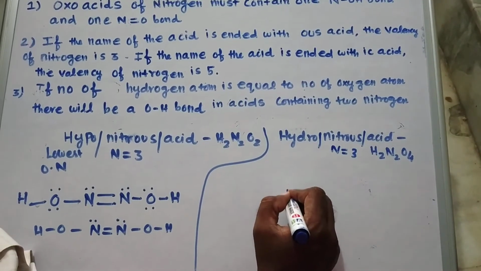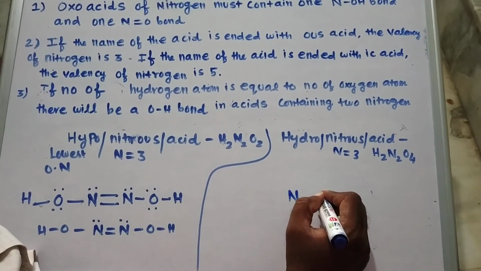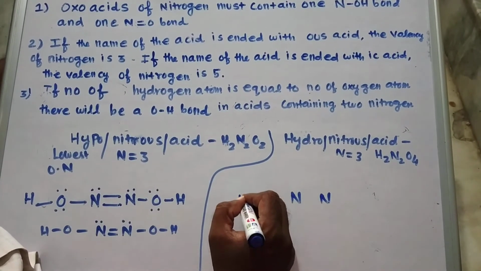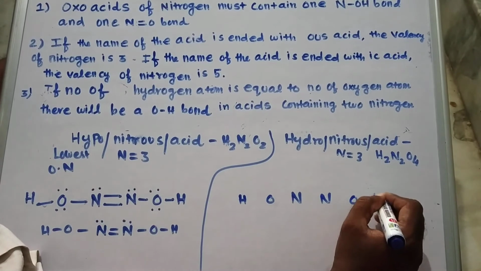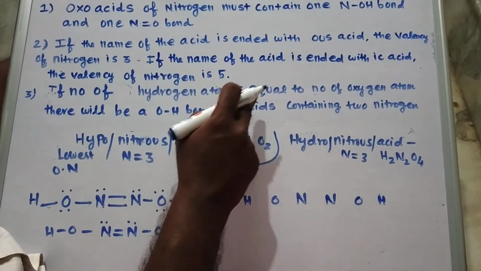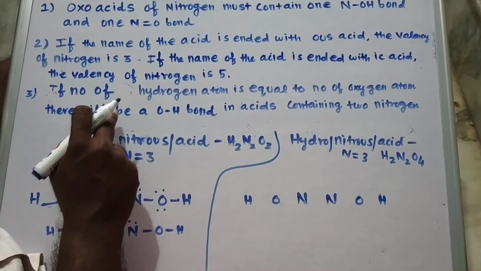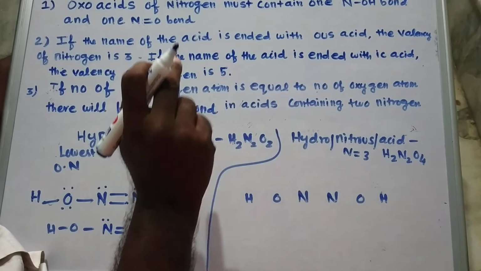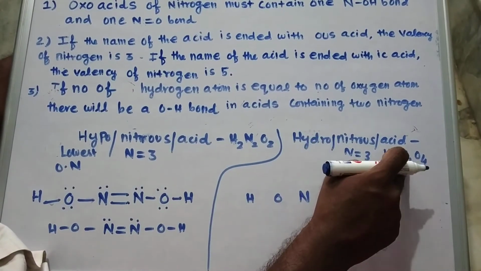Then nitrogen, and similarly another nitrogen, each must have one OH. But if the number of hydrogen atoms equals the number of oxygen atoms, there will be another OH bond in acids containing 2 nitrogen atoms, N2.